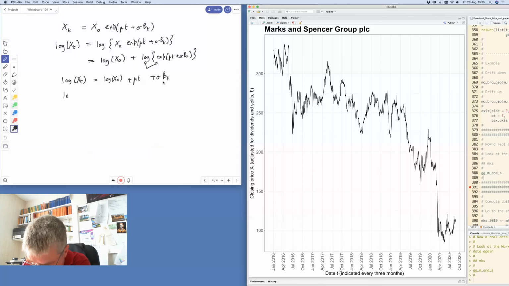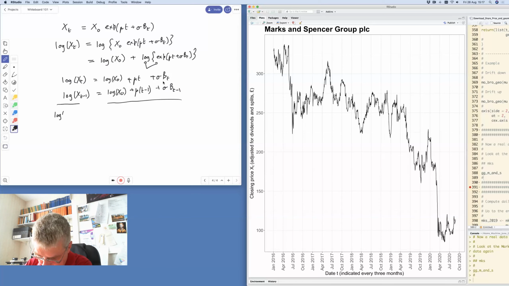Now I can think about what that would be at the previous time, t minus 1, the previous day for the share. Well, the first term there doesn't depend on t, so that stays the same. Then we have mu times t minus 1, and then we have sigma times b t minus 1. Okay, now I can subtract both of these. So I end up with log of xt minus log of xt minus 1.